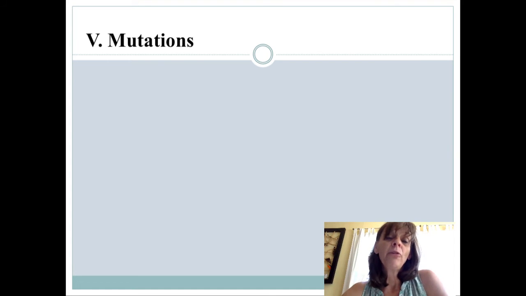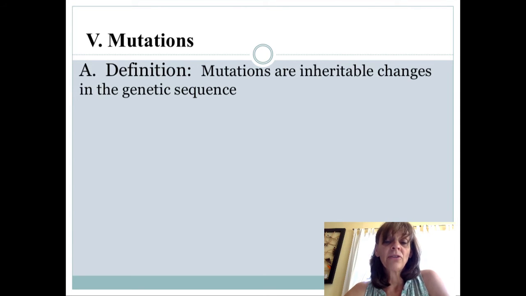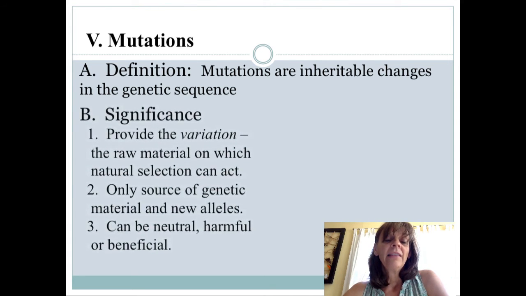All right, another form of evolution is that mutation that we've talked about so much. Those are inheritable changes in a genetic sequence. This provides variation, the raw material through which natural selection acts. It's the only source of new genetic material and new alleles.